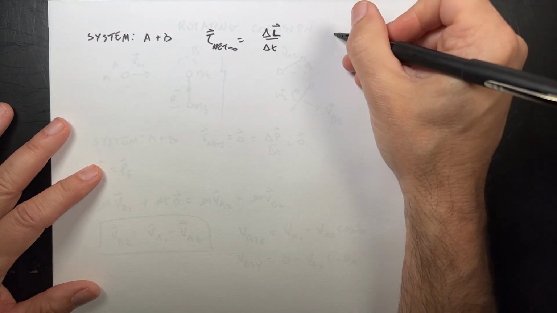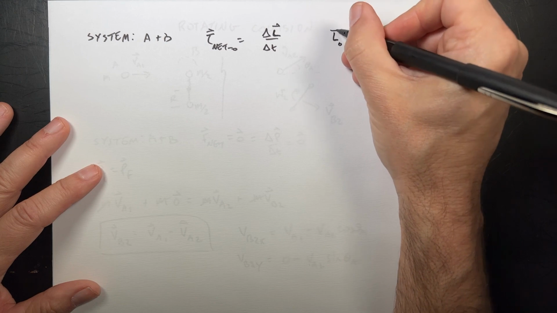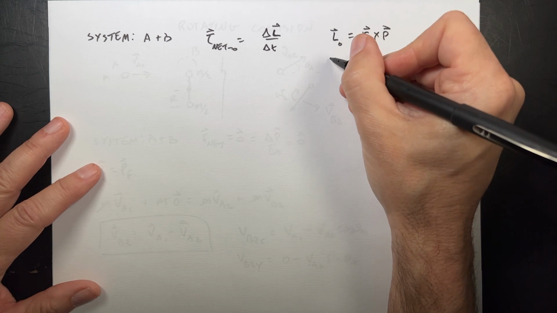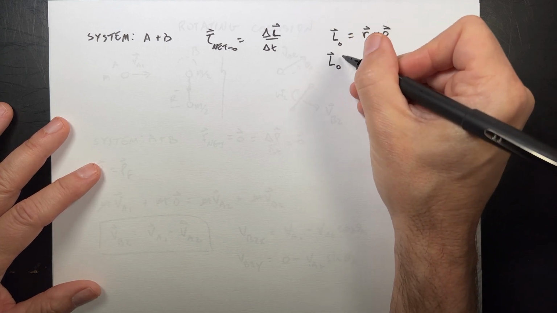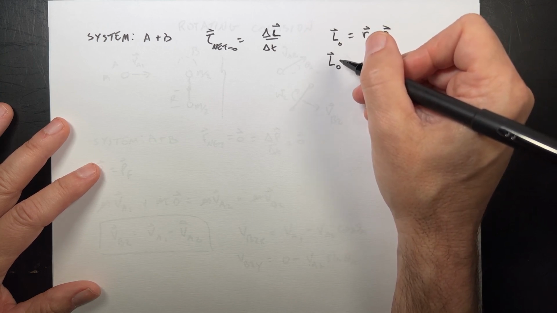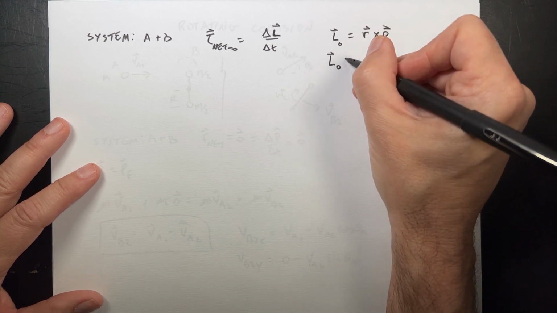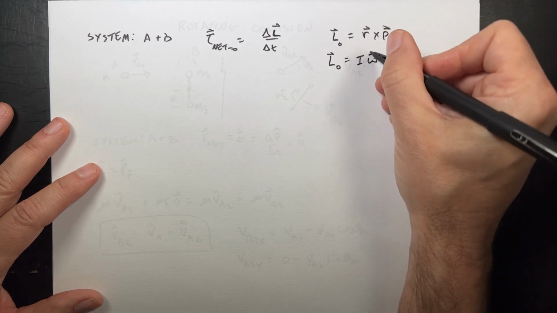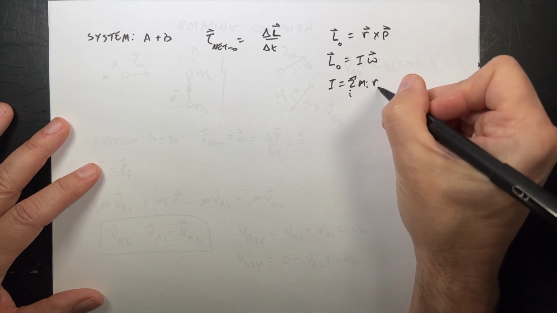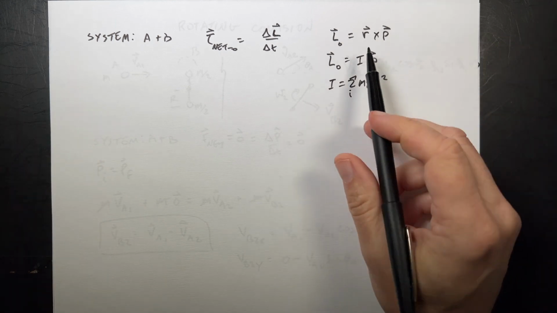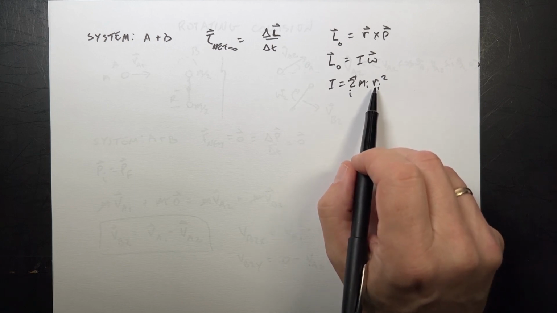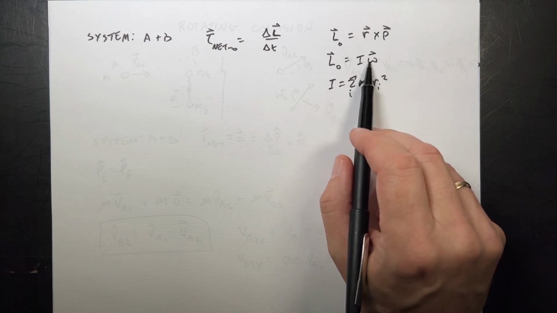And remember, angular momentum about some point O for a point mass is R cross P. I'm going to say this is I omega, where I is the sum over i of m_i r_i squared. So the moment of inertia, you just take all the masses multiplied by the distance to the point of rotation squared and add it all up. And then the angular velocity right there.